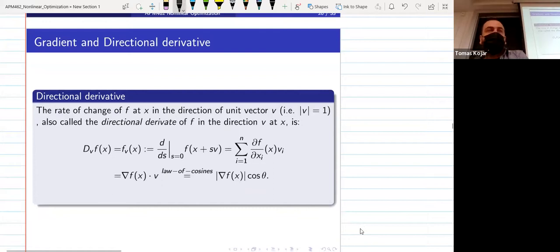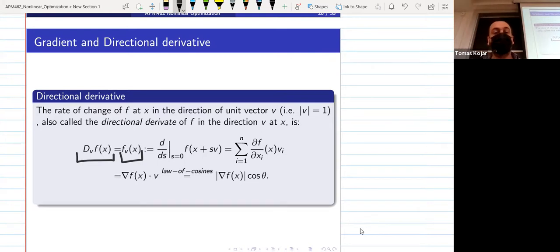You can see a bunch of different notations: D_v f of x, or f_v of x. I will do some computations because this is too many symbols. The definition is that you start from x and make a little movement ahead in the direction of v.